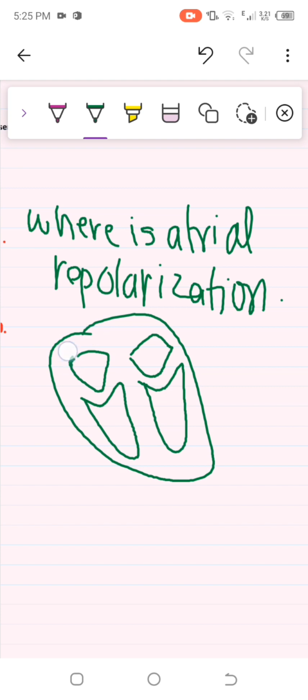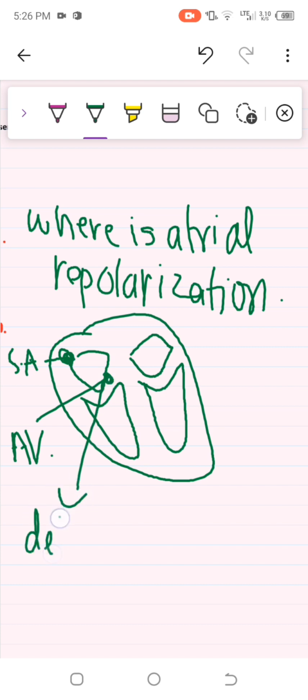As you can see, at the upper side of the heart we have the SA node, and here we have the AV node. Here the signals are delayed for 0.1 second.